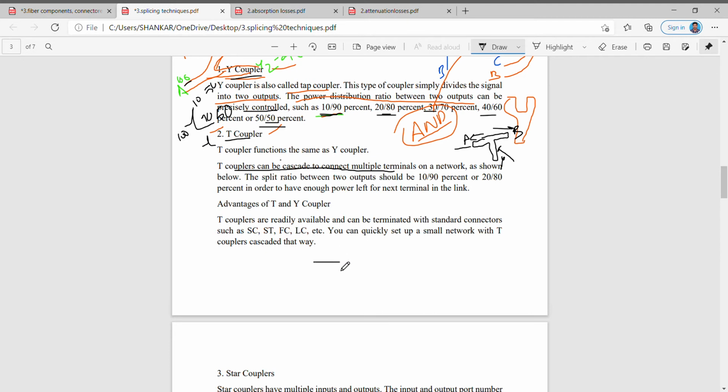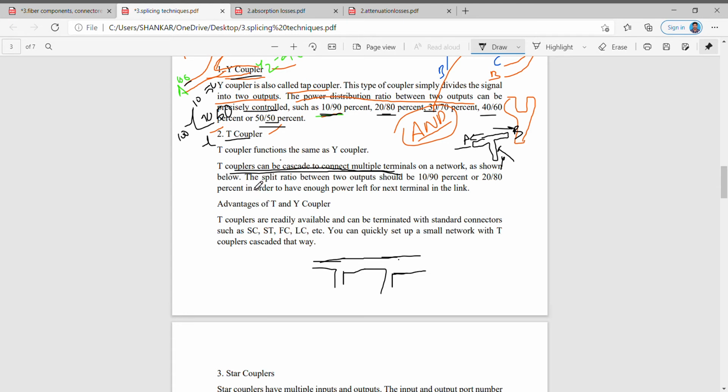Suppose this is a T network and you have another T network; it can be easily joined here. You can join two couplers or many couplers. The T couplers can be cascaded to connect multiple terminals on a network.